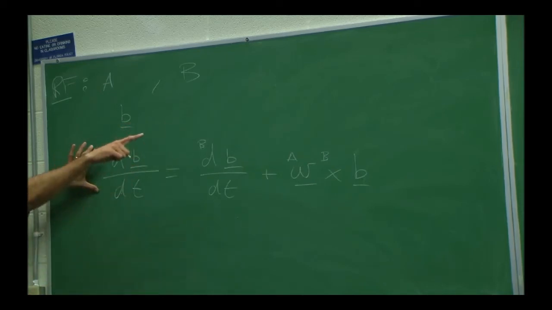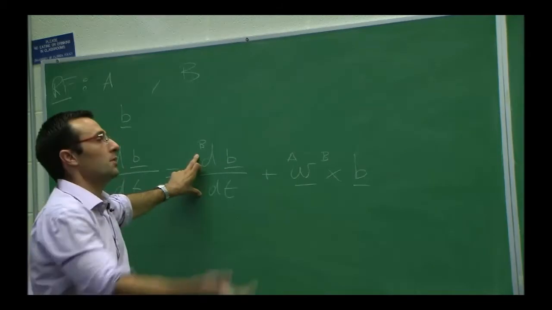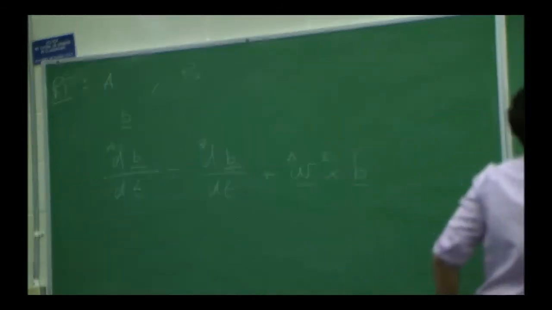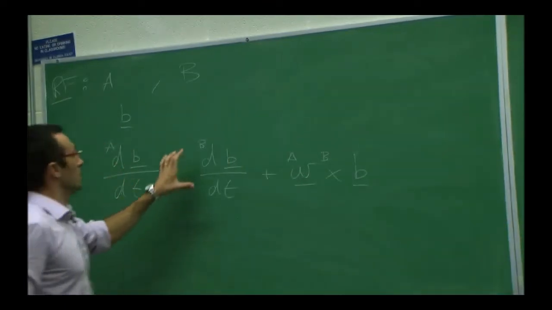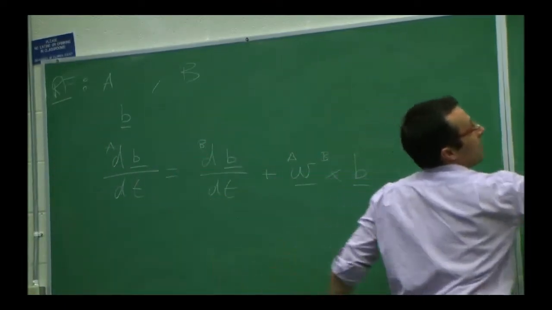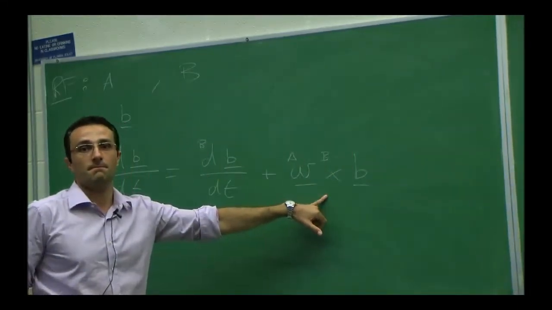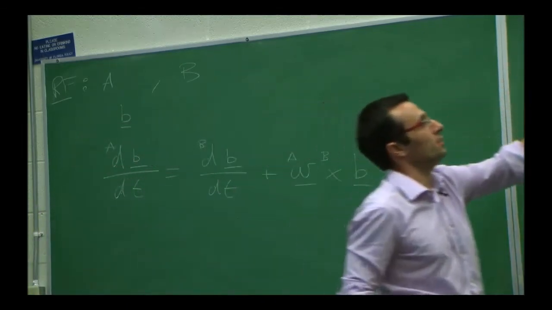The left-hand side would be the rate of change in some A, that in my case is L. The right-hand side, well, it was the other way, I'm sorry. This piece will be the rate of change in A. This piece is this guy, and that omega, I moved it to the other side, is this cross product. The weird thing is that there are two vectors involved here.